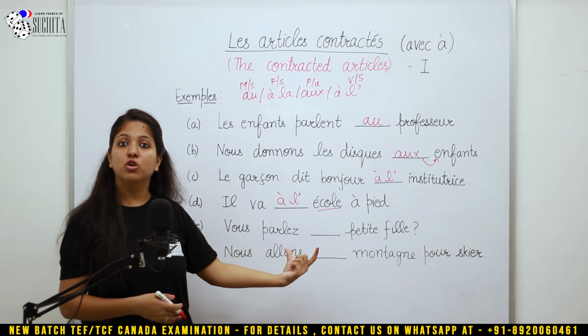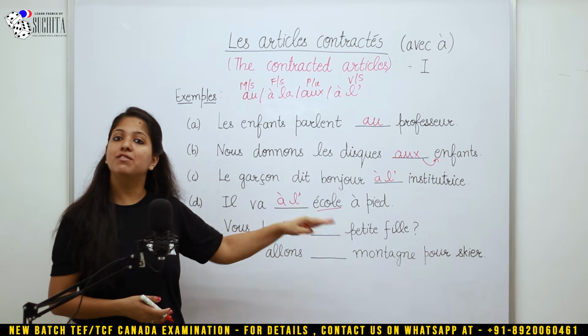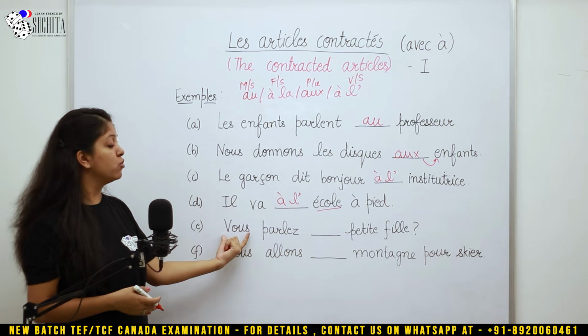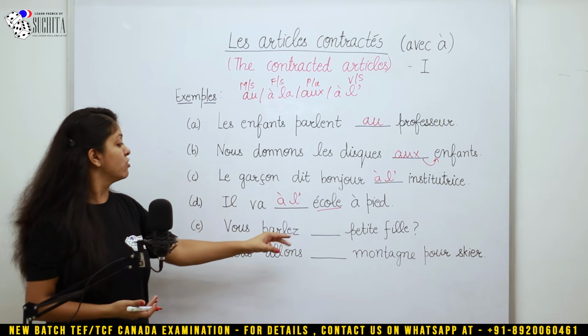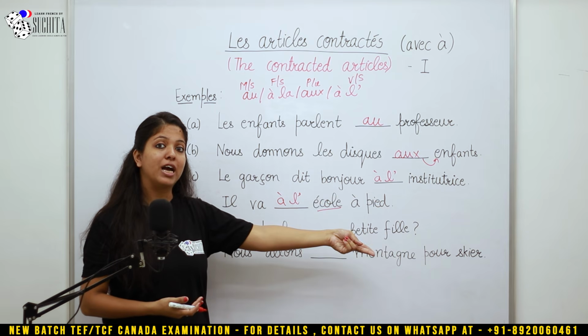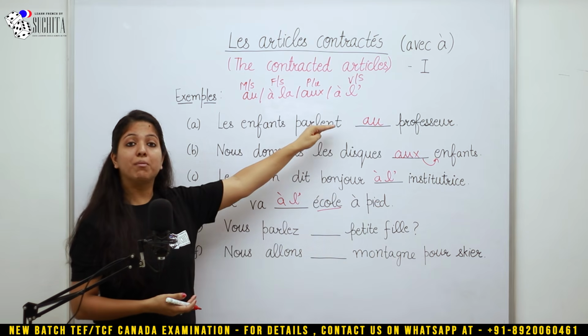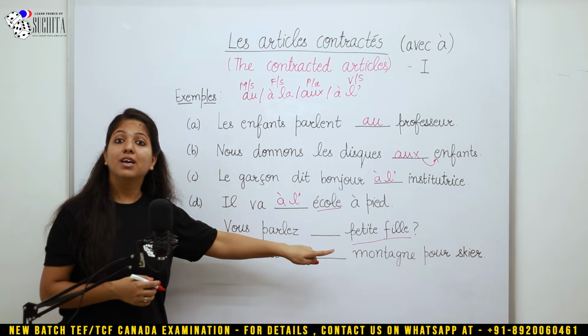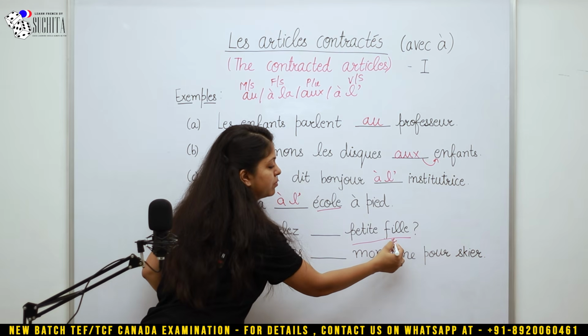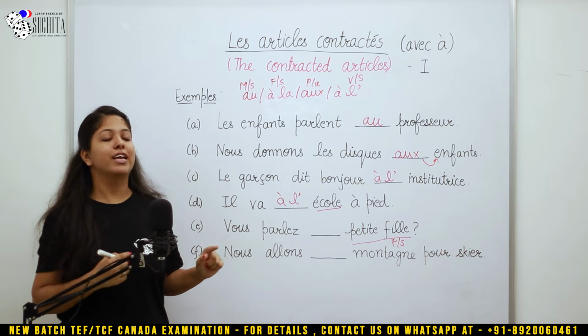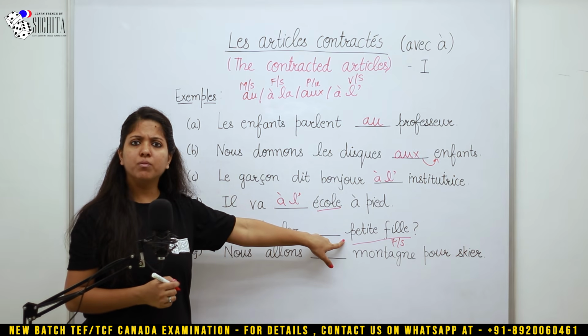Vous parlez, you speak, dash petite fille, small girl. So you speak to the small girl. Again the meaning is to the. So you will look at the word next to the dash to select one amongst these four. Petite fille. Et là c'est féminin singulier. See, how do you always select? You always see, is it plural?